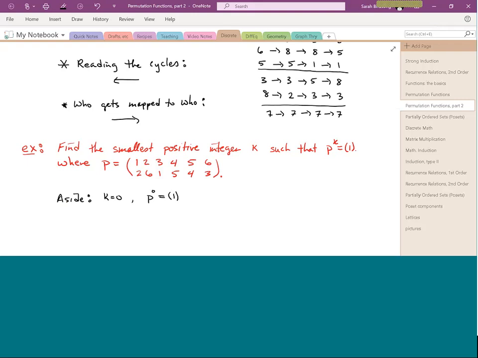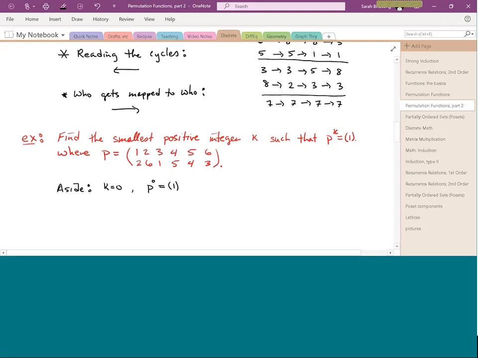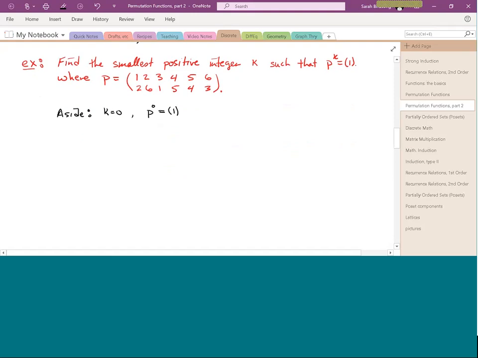For example, 3 to the 0, always 1. Anything raised to the 0 power is always 1. Here, in dealing with functions, we don't have a function that is 1. Instead, we have the identity function. But how would we know that k equals 0 isn't the answer that we want? There's something in the wording of that question that's going to tell you we don't want k to equal 0. Anybody spot the buzzword?